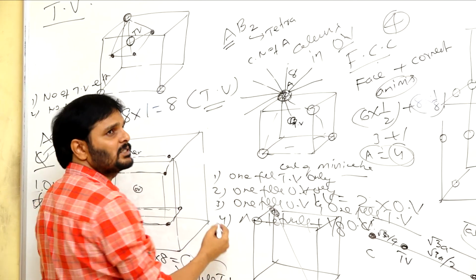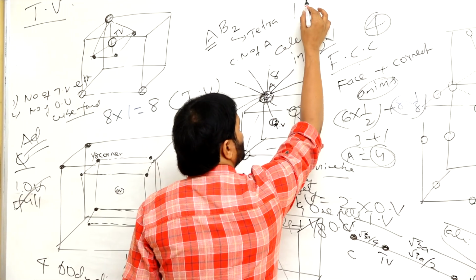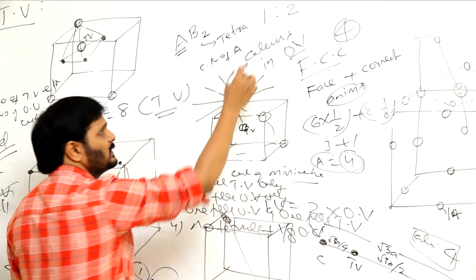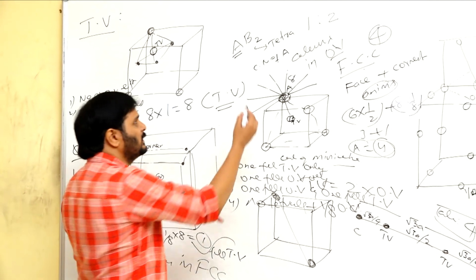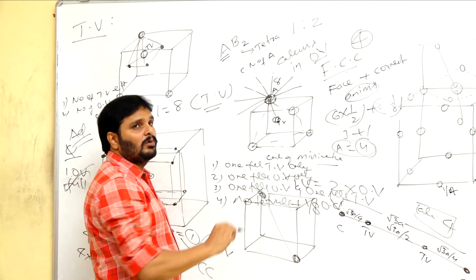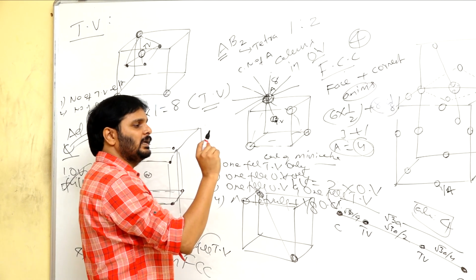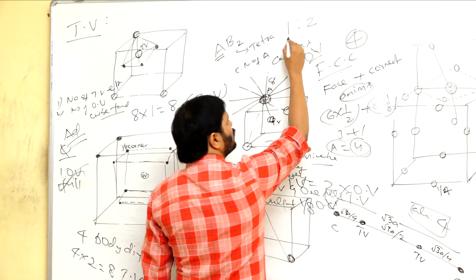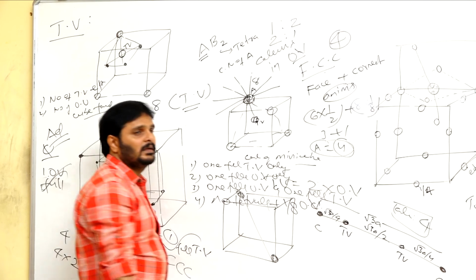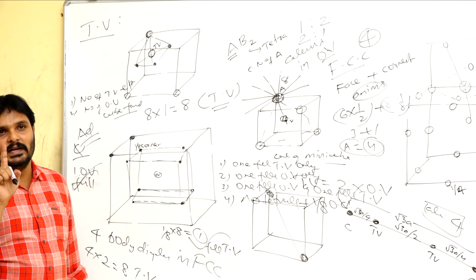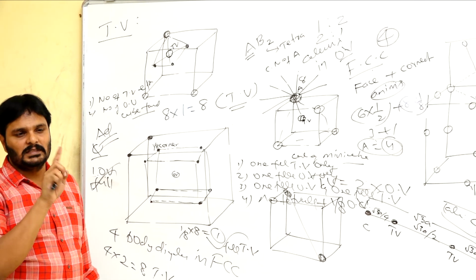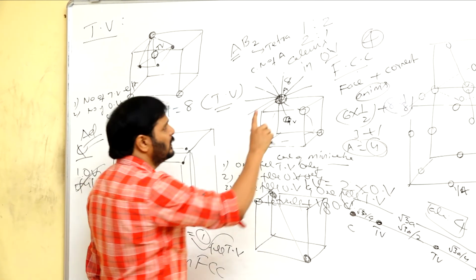First you check the stoichiometric ratio, 1:2. Then simply go for the reverse, 2:1. That 2:1 gives the coordination number of the atoms. Just a simple logic.